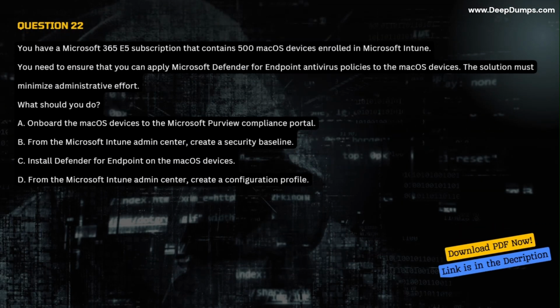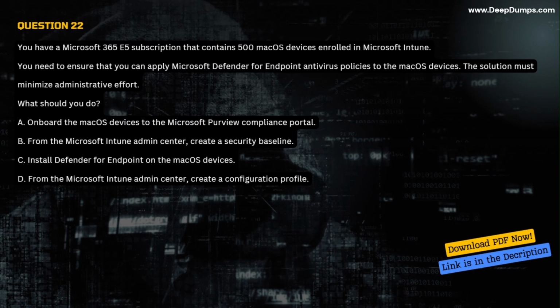Question 22. You have a Microsoft 365 E5 subscription that contains 500 macOS devices enrolled in Microsoft Intune. You need to ensure that you can apply Microsoft Defender for Endpoint antivirus policies to the macOS devices. The solution must minimize administrative effort. What should you do? A. Onboard the macOS devices to the Microsoft Purview compliance portal. B. From the Microsoft Intune admin center, create a security baseline.